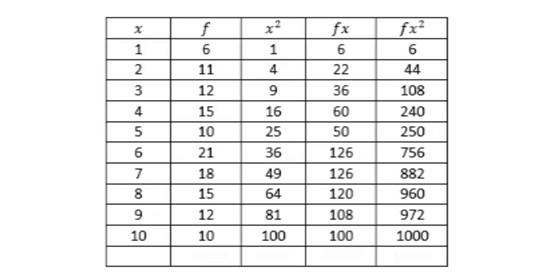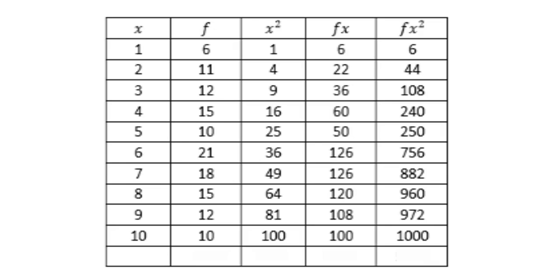Now we need FX squared. That is F multiplied by X squared. Vanessa, can you help us? FX squared is the X squared multiplied by the F. Like Nanama said, we multiply the F, which is the frequency, by the X squared. For the first one, that is 6 multiplied by 1, which is 6. The next one is 11 by 4, that's 44. Then the next one is 108.